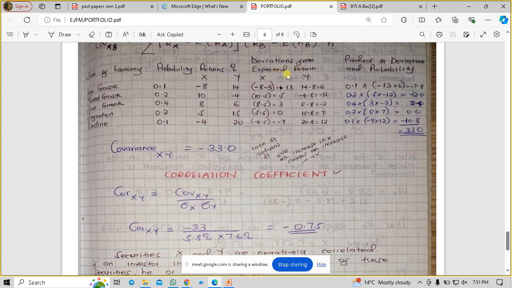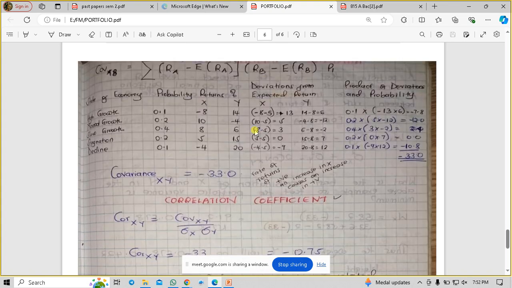From there, you're going to add what is called deviation from expected return, and you're also going to add the product of deviation and probability. Deviation means difference. Here we are talking about x. You start with x: the difference between return minus expected return.